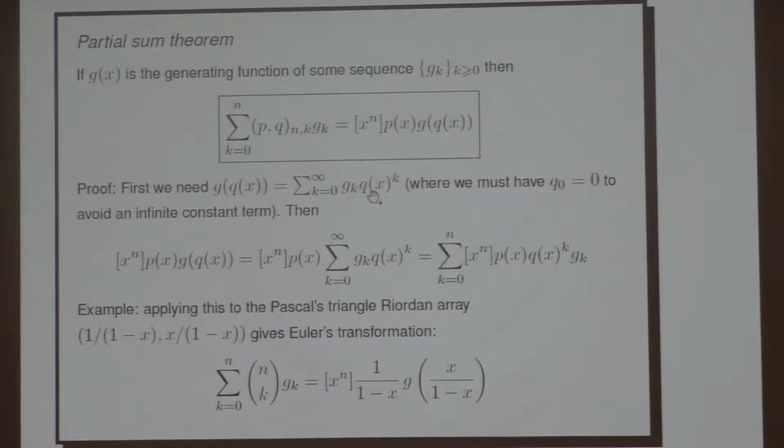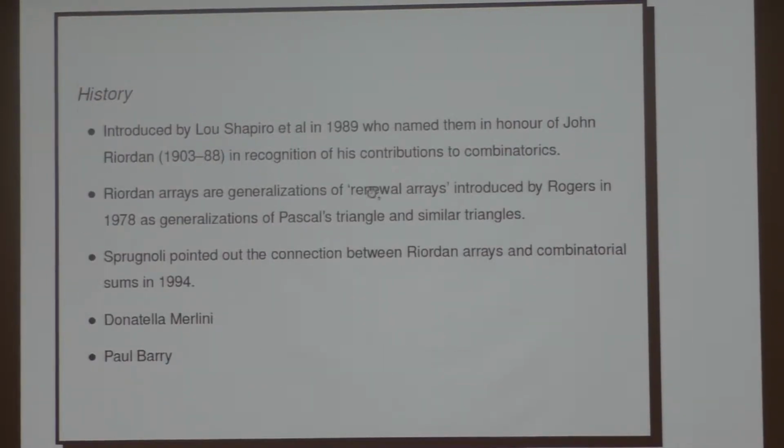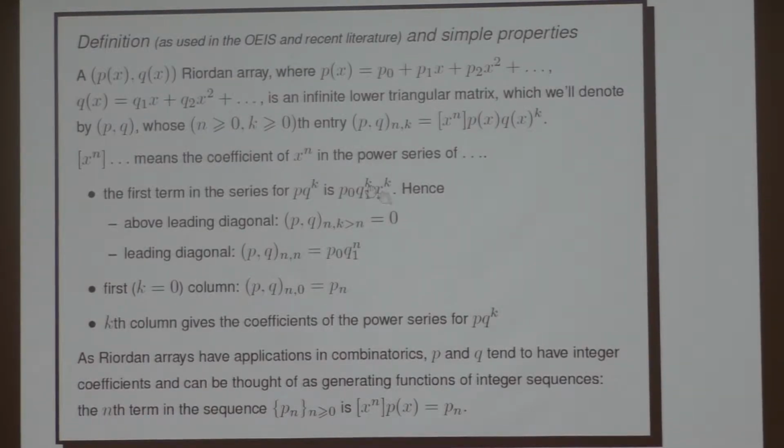The important thing, which we have for a Riordan array, is that this only works if the constant term of q of x is 0. Otherwise, you'll end up with an infinite constant term.